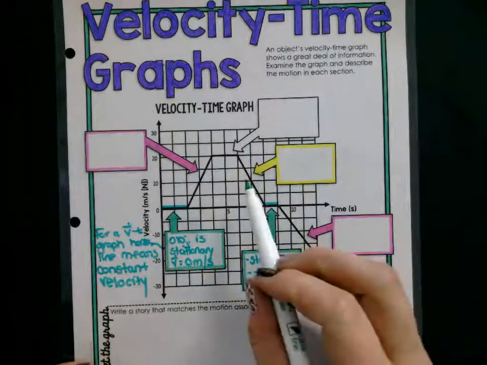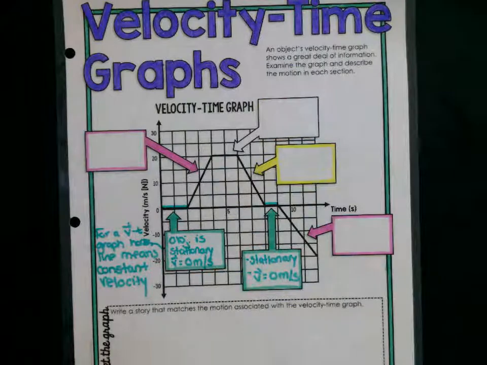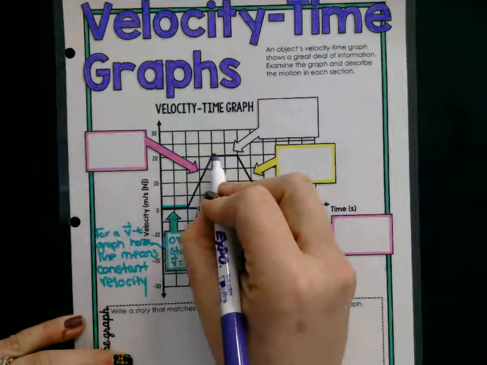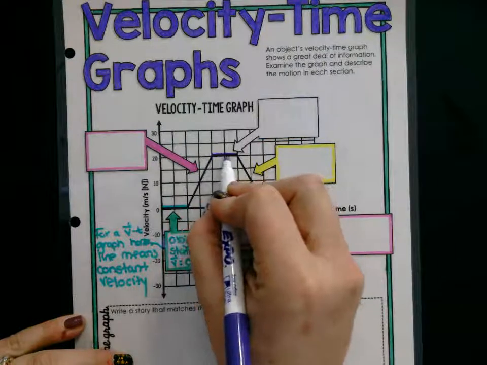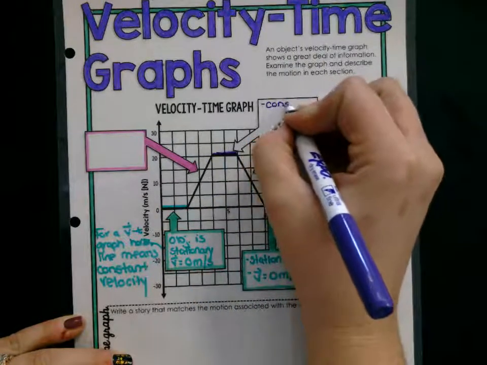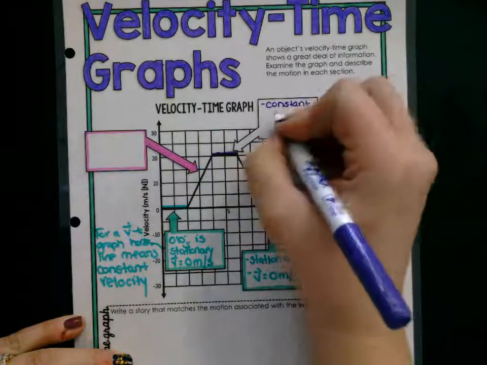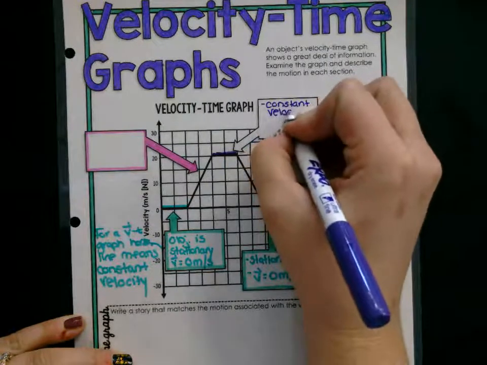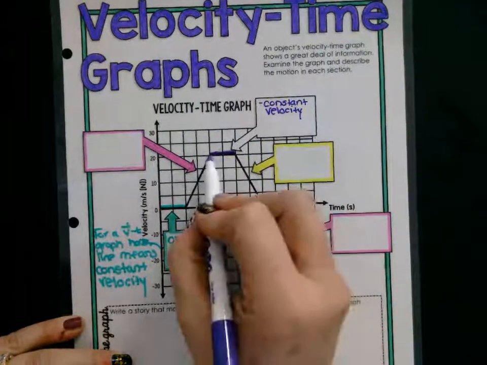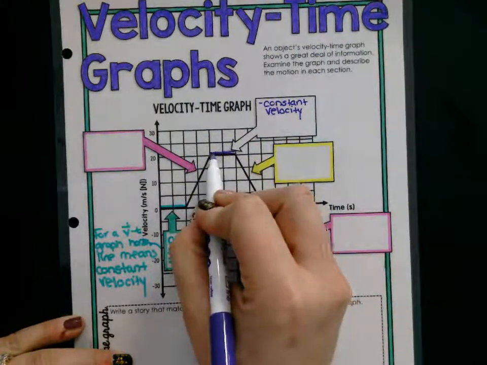So let's apply this somewhere else on the graph and look at the very top of the graph. The very top of the graph also has a horizontal line. That horizontal line means constant velocity. So the velocity right here is constant, but what do we know about this velocity?